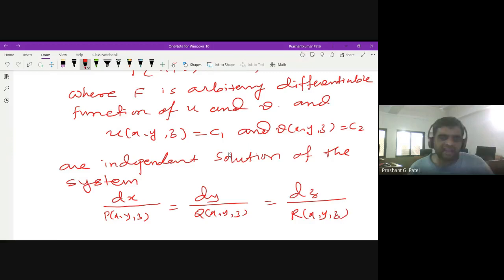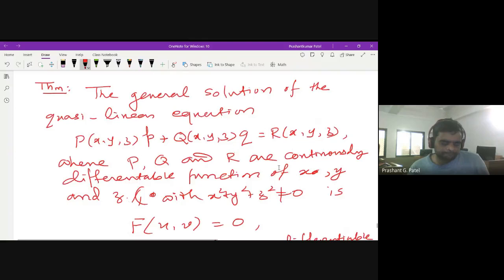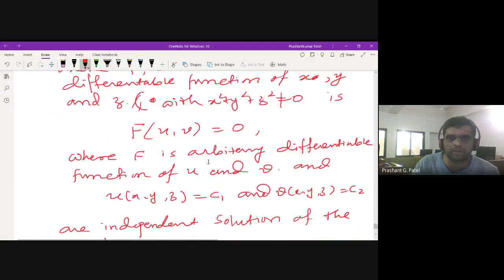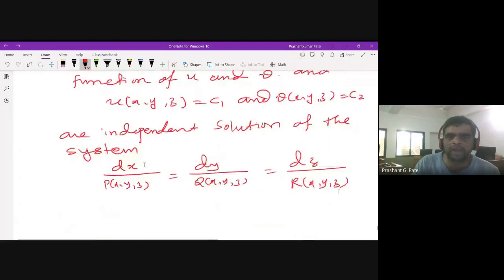So it says that if you want to find the general solution of this quasi-linear equation, then the general solution is this F of u, v. And how can you obtain F of u, v? By solving the last system of equations.